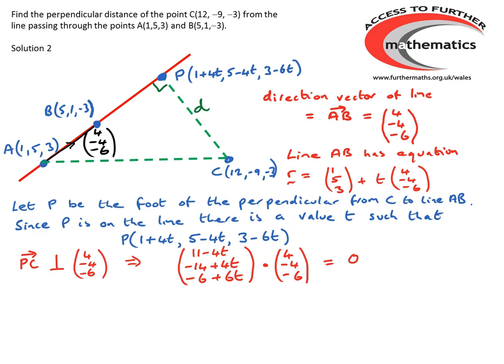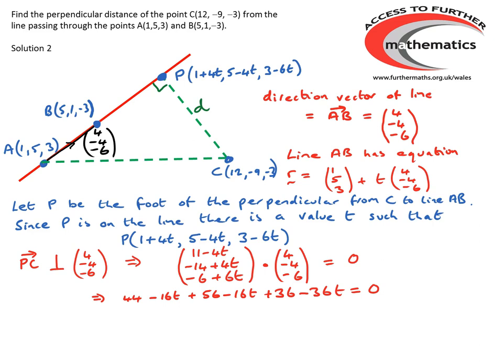And the scalar product of that with (4, -4, -6) must equal 0, because we know that P to C is perpendicular to (4, -4, -6). So if we evaluate the scalar product, we've got 4 times 11 minus 4t, in other words 44 minus 16t.